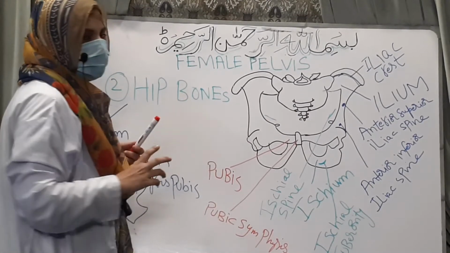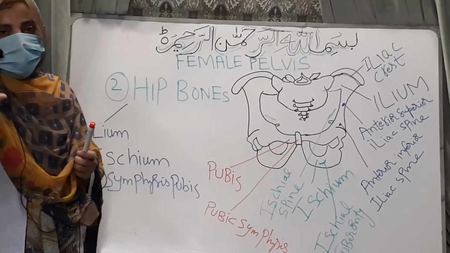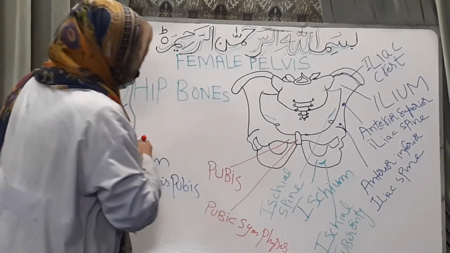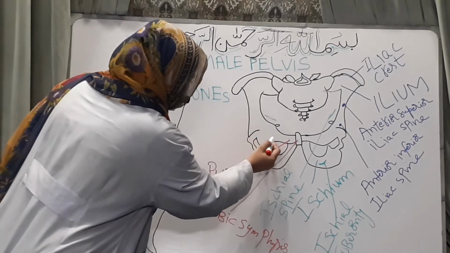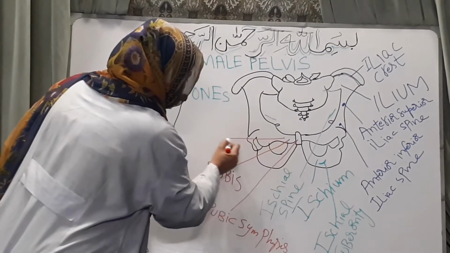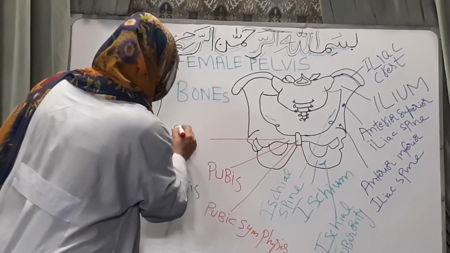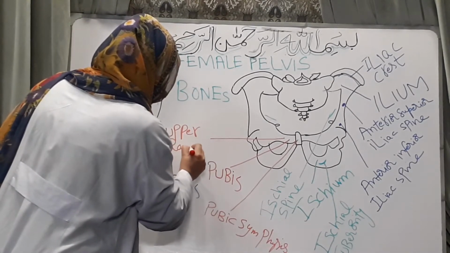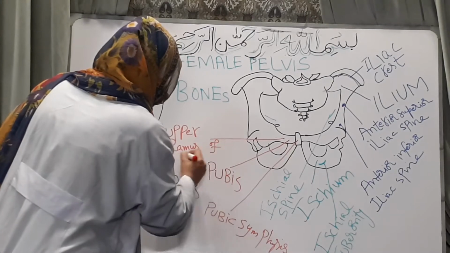Now this pubis bone has two rami. This part is known as the upper ramus of pubis.